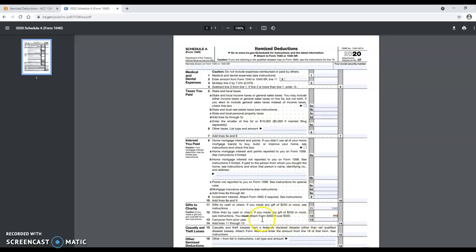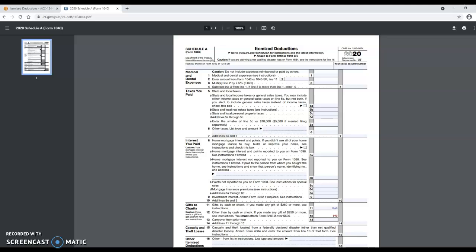And so here it says you must attach Form 8283 if over $500. Okay, so we'll take a look at that. Line 13 is carryover from a prior year.